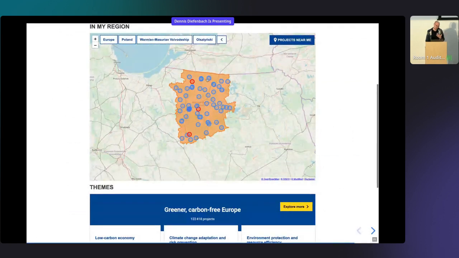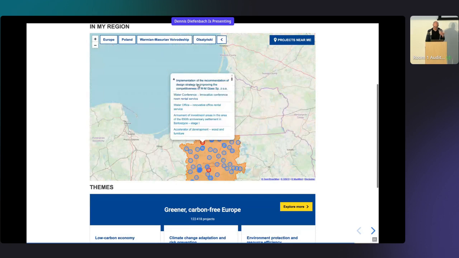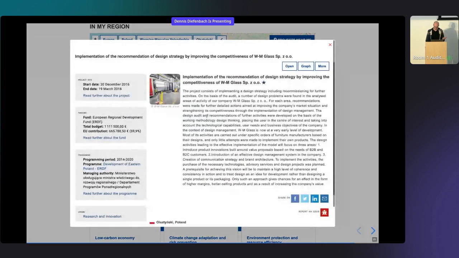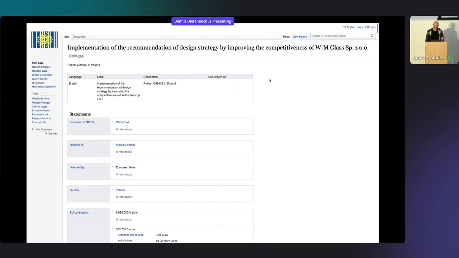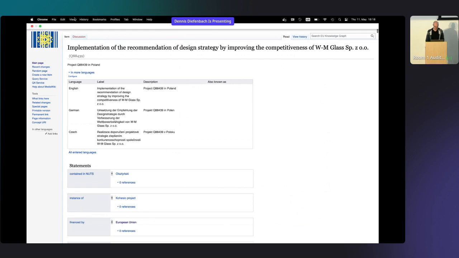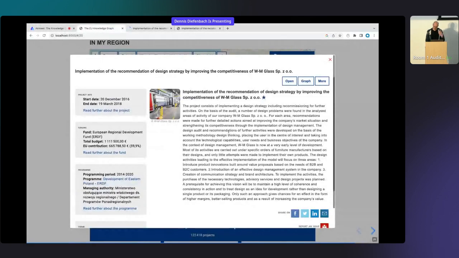We see where these projects are carried out. When we click on a project, we see the project itself and all its metadata, and this is connected with the graph. So this is the original entity in the graph, and this here is the corresponding visualization that we put on top.